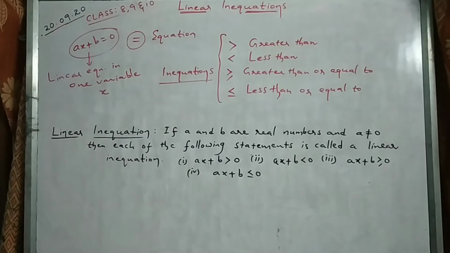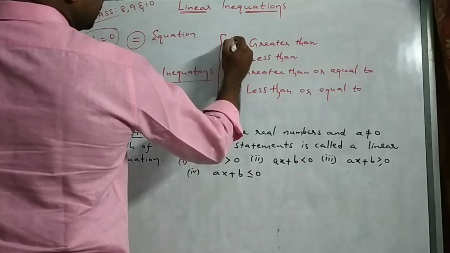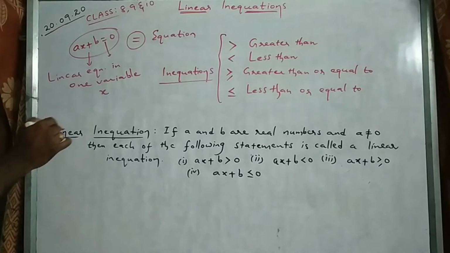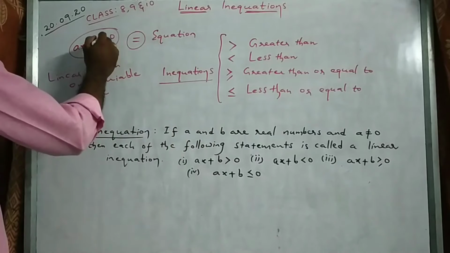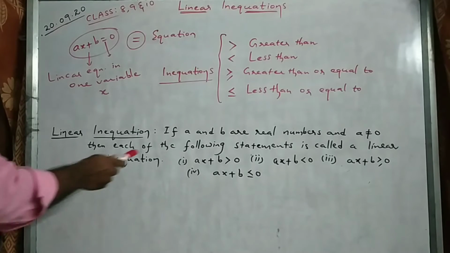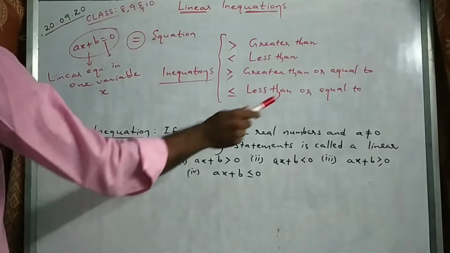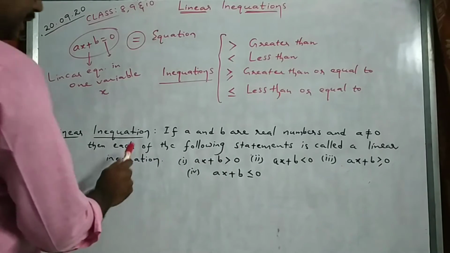Instead of this equal to symbol, if you use greater than, less than, greater than or equal to, or less than or equal to, that is called a linear inequation. See here, if a and b are real numbers, any real number you can take, but a not equal to 0, then each of the following statements is called a linear inequation.